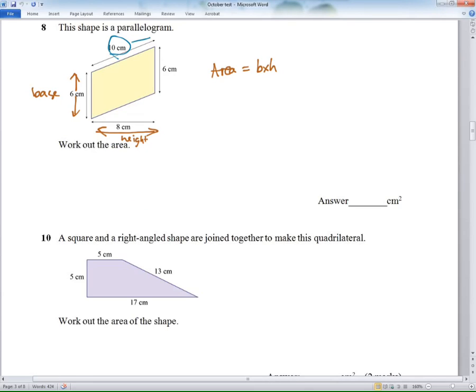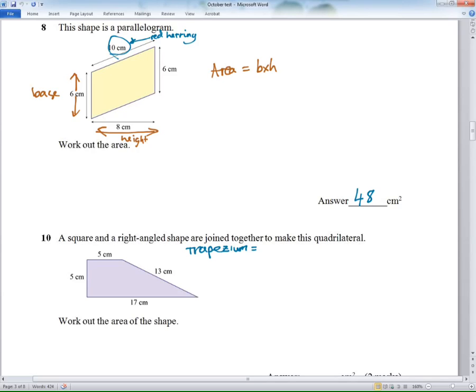We're now on question, it will probably appear as question 7 in your book, on your test. No one I saw recognised this shape as being a trapezium. Most people split it into a square and a triangle, which I will do later, but to start with, the shape is a trapezium.